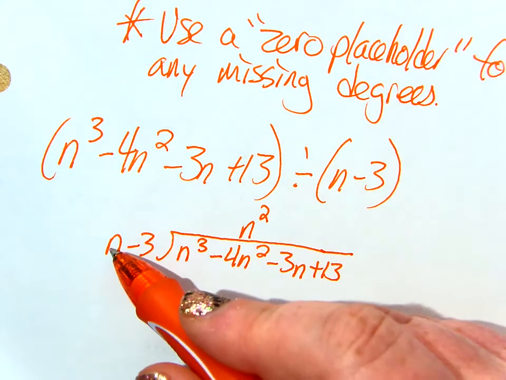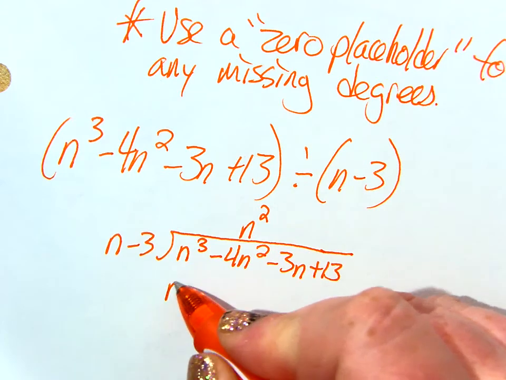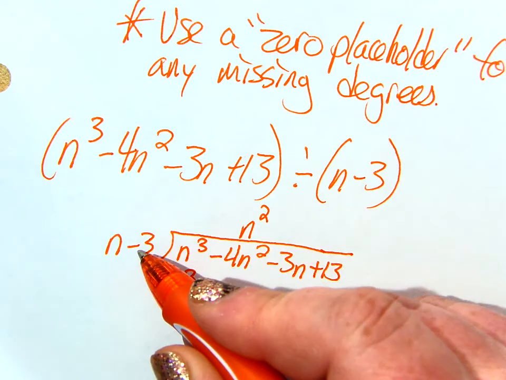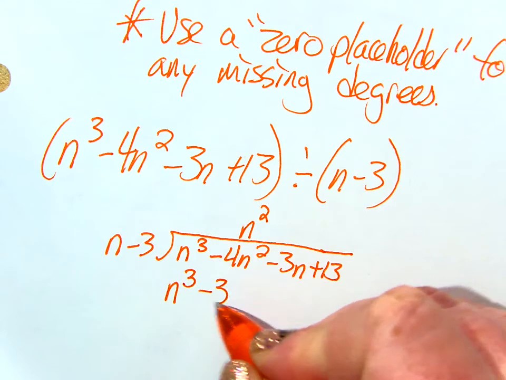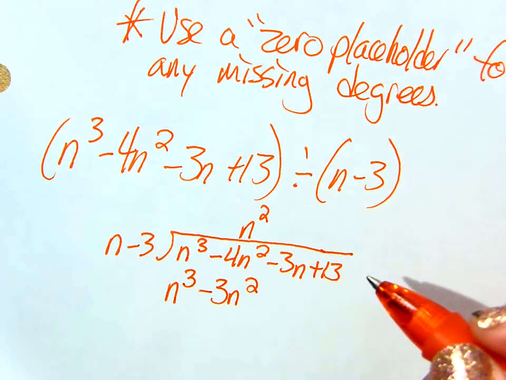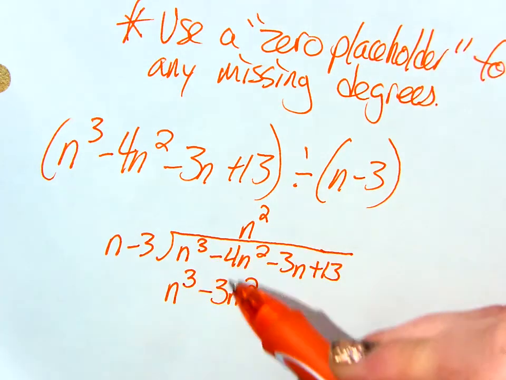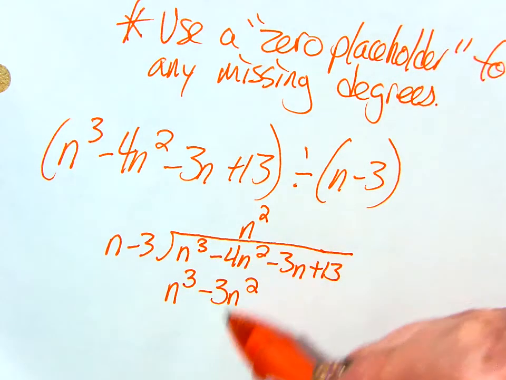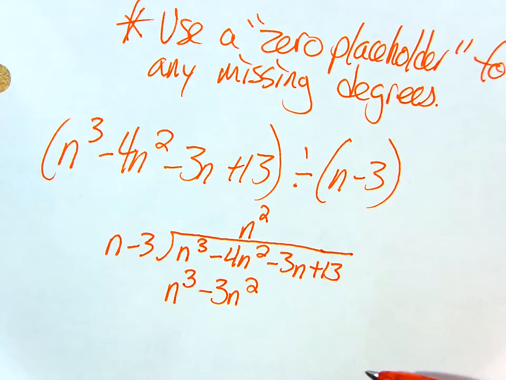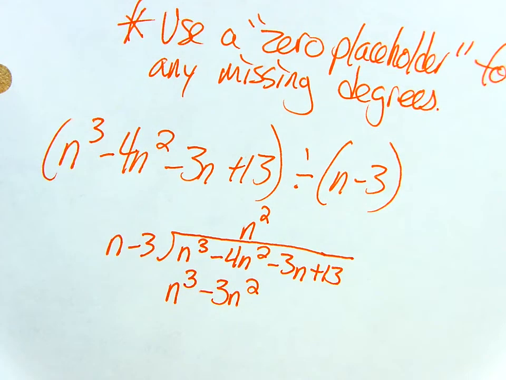So n squared times n gets me n to the third, and n squared times negative 3 would be negative 3n squared. Do you agree so far? Notice how I wrote them in the correct columns: n to the thirds, n squareds, and so on. Make sure you're keeping it nice and neat here.